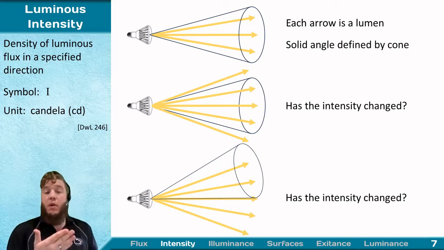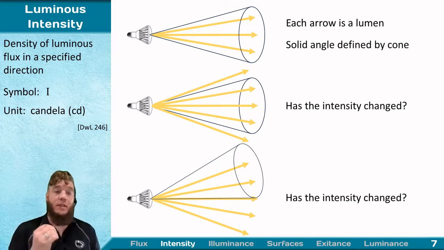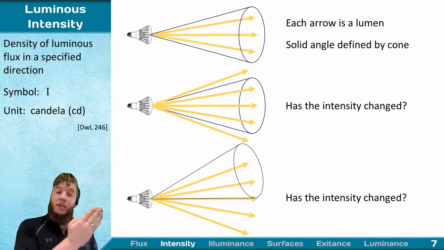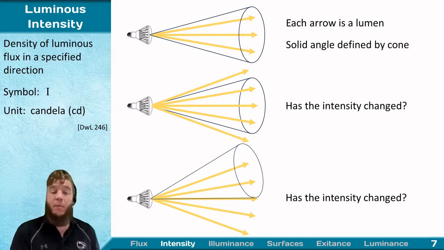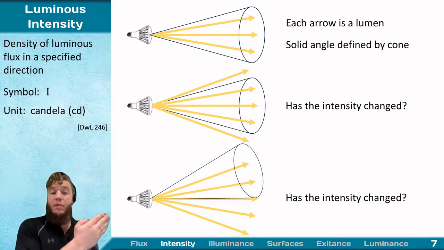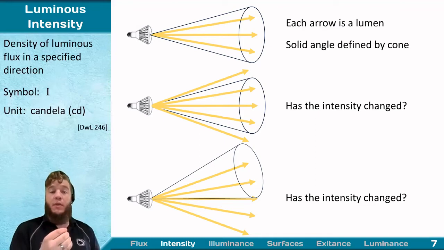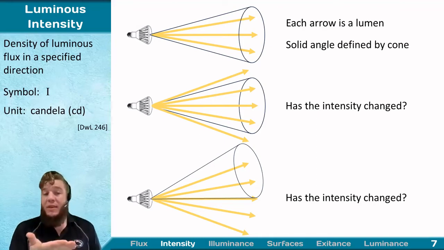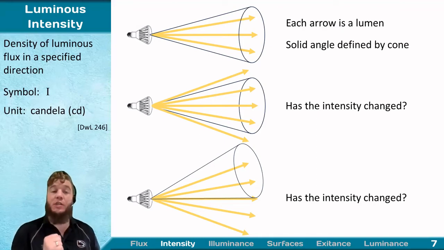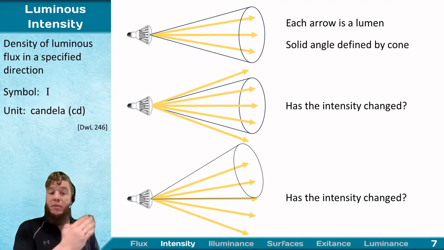Most of you are correct in surmising that it does, in fact, decrease the intensity in this example, simply because we have less luminous flux within that solid angle. So we haven't changed solid angle, or omega, in steradians, but we have changed phi, or the lumens, or luminous flux.